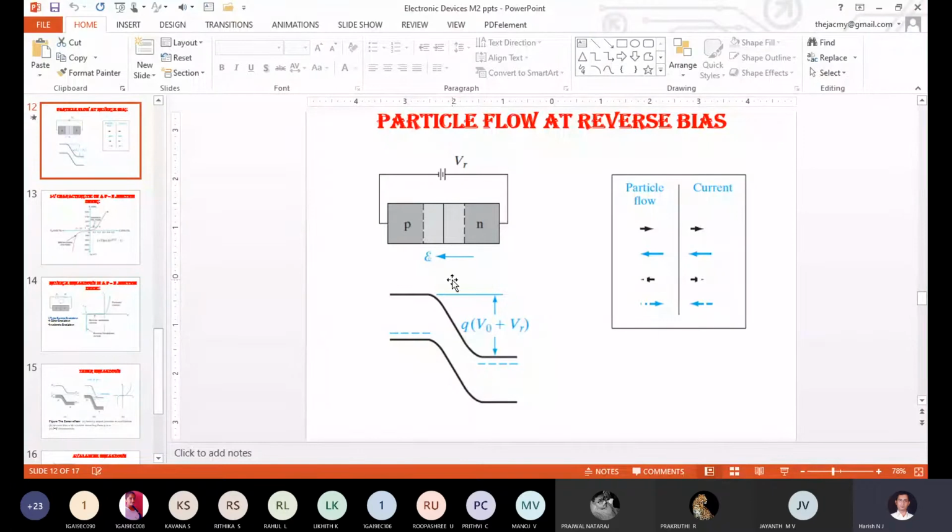From this diagram you can see this arrow mark, right? This arrow mark is what we use for representing the built-in electric field. So when does this built-in electric field increase and when does it decrease, during forward bias or during reverse bias?